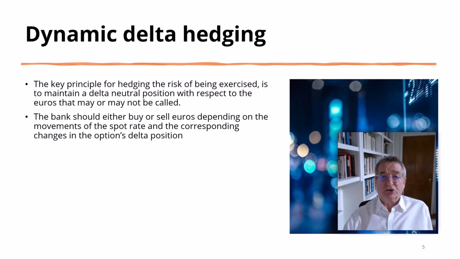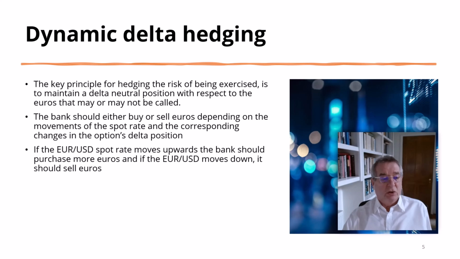So what this amounts to is a constant recalculation of the delta during the life of this option, and then either buying more euros if the delta moves higher or the exchange rate moves higher, and selling if it moves lower. If the EUR-USD spot rate moves upwards, the bank should buy more euros. And if it moves down, they should sell euros.